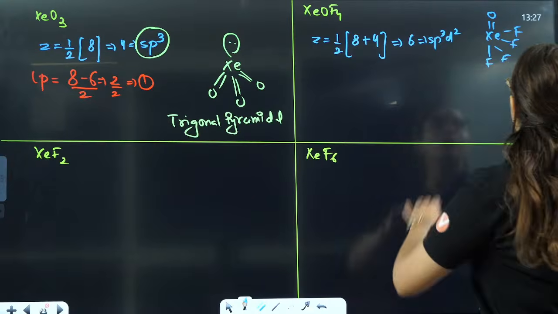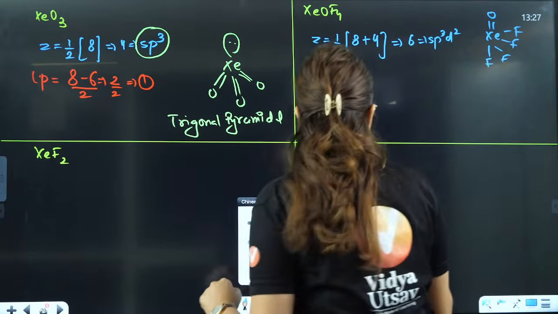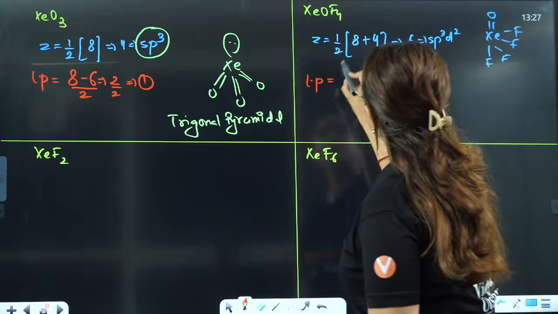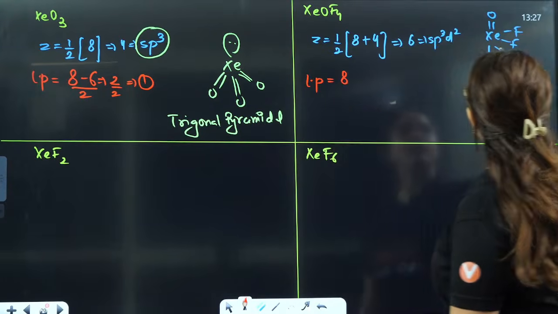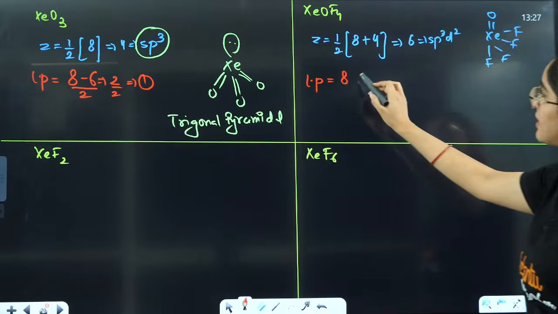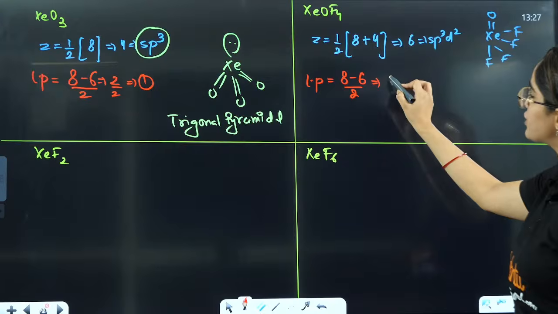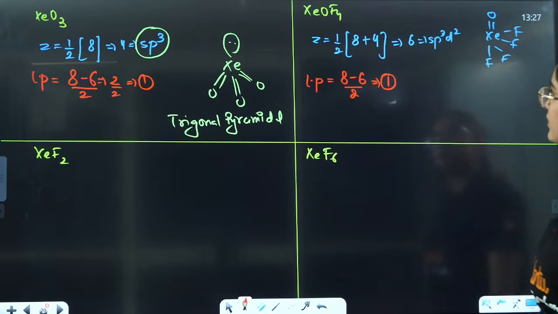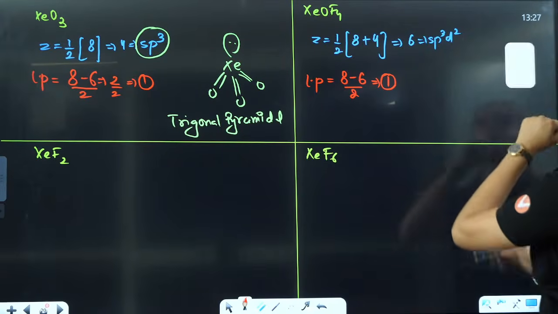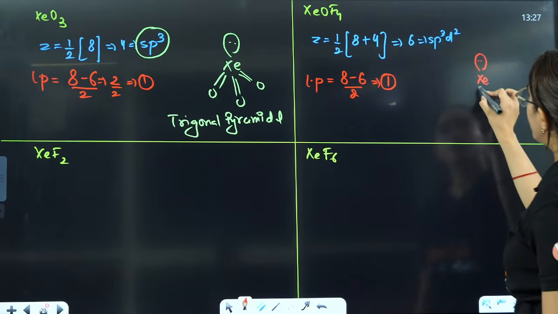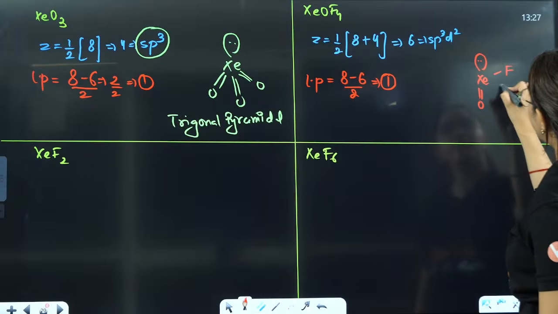Okay. Now the lone pair here. Valence electron is 8, total 1, 2, 3, 4, 5, 6. 6 electrons are occupied, so 2 by 2 is 1 lone pair will be there. So in this case, it will have octahedral geometry with 1 lone pair, 1 double bond oxygen and 4 fluorine.